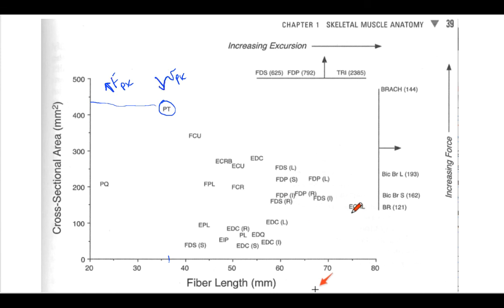And then we could pick another muscle over here, the extensor carpi radialis longus, and say, well, geez, it has a very long fiber length. And so this muscle here we would know creates very high peak velocities, yet in comparison to the peroneus teres, or the pronator teres, has very low peak force.